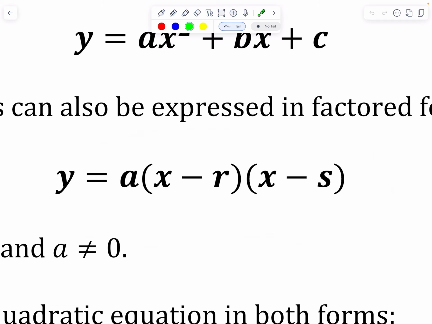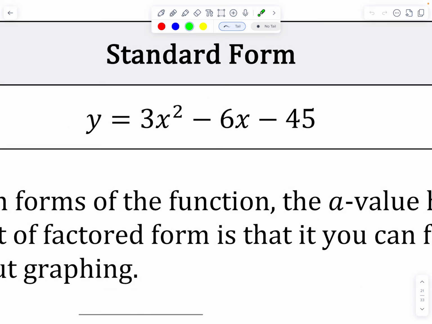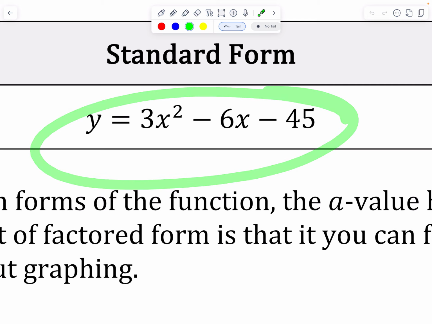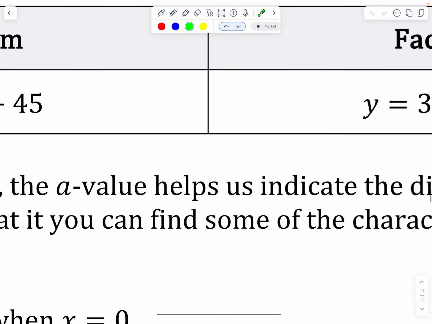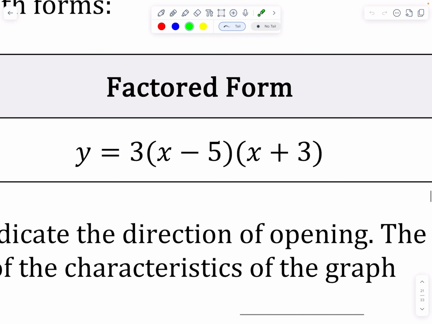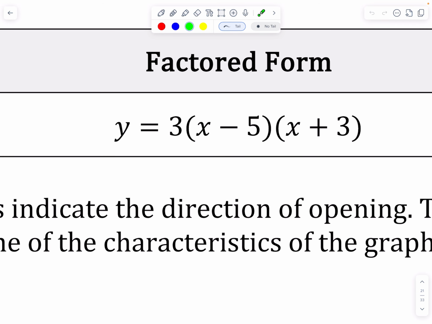So one example of a standard form quadratic equation is this: y equals 3x squared minus 6x minus 45. If one were to perform the factorization of that, go through the process, they would see it's also equal to this particular factored form: y equals 3 times (x minus 5) times (x plus 3).